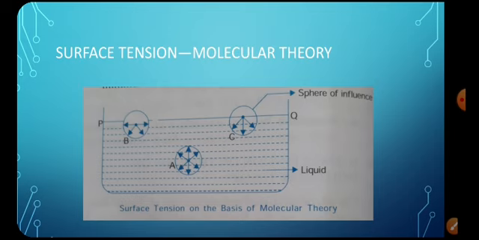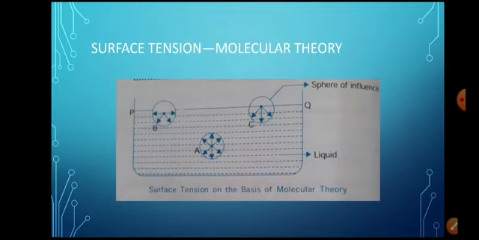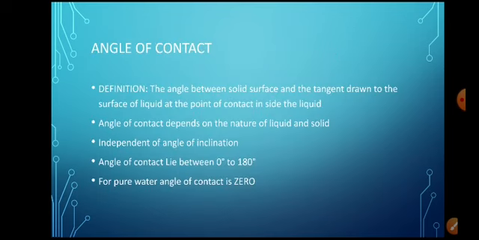And water droplets are spherical. Mosquitoes lay eggs on the water, and insects walk on the water. All of these are due to the surface tension property, right? Surface tension can be explained by molecular theory.